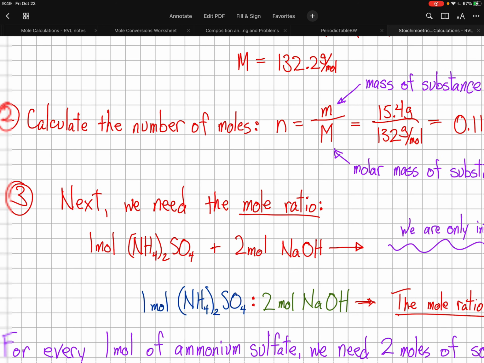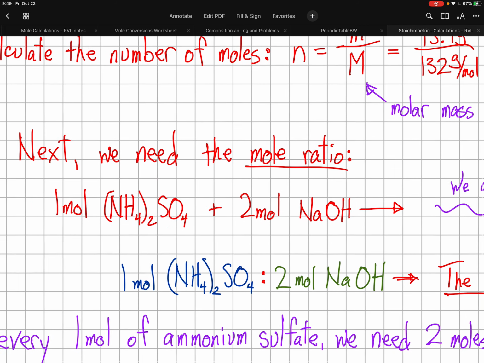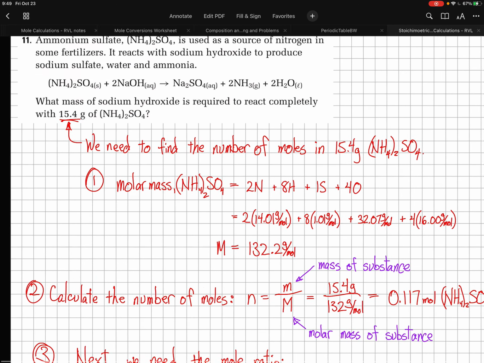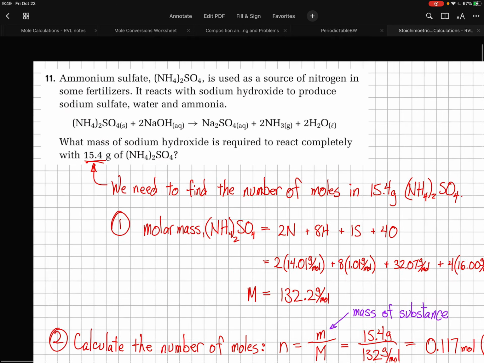Okay, for the next step, we need to find the mole ratio. And remember that the mole ratio is just the ratio of reactant to product, or in this case, reactant to reactant. Okay, so in other words, we need to find the ratio that our reactants will combine in. And the way that we do that is just by looking at our balanced equation, which they have given us in this case.